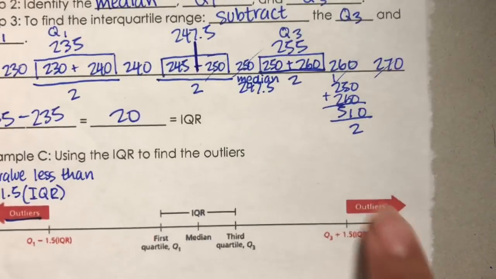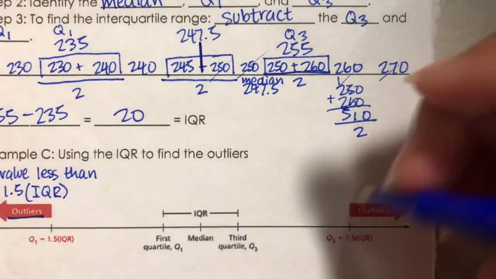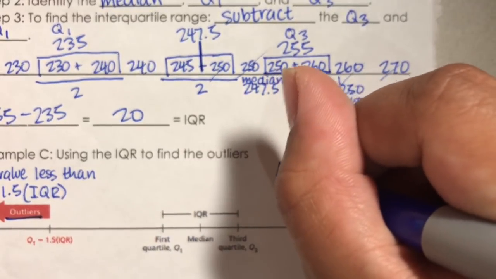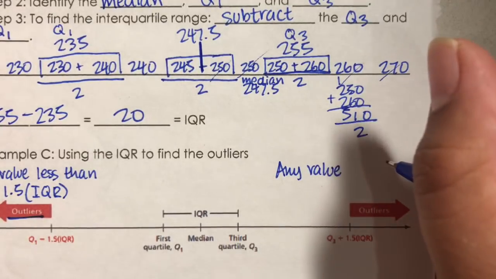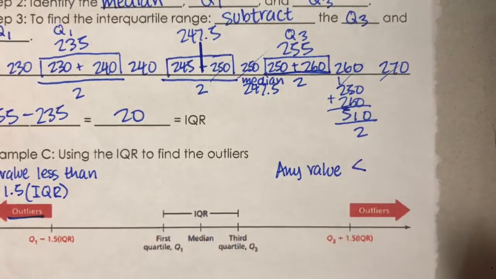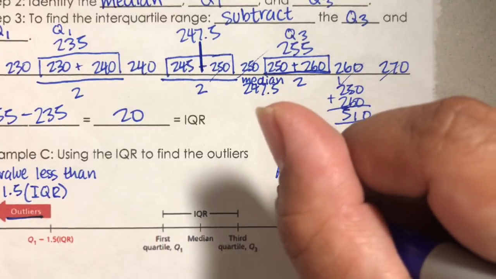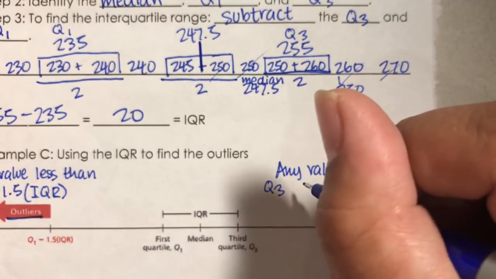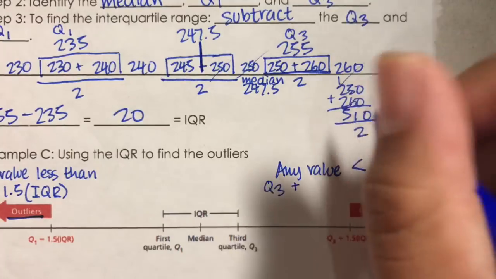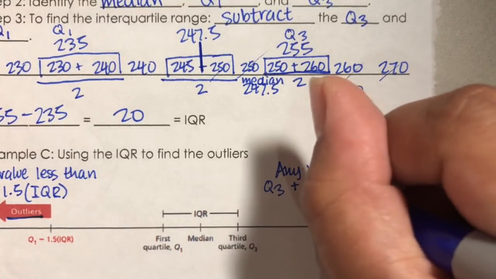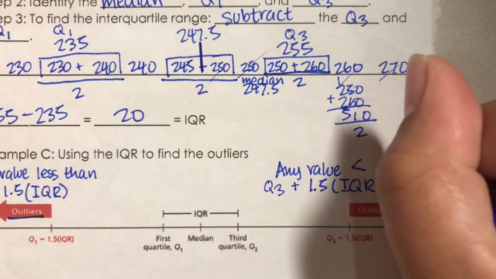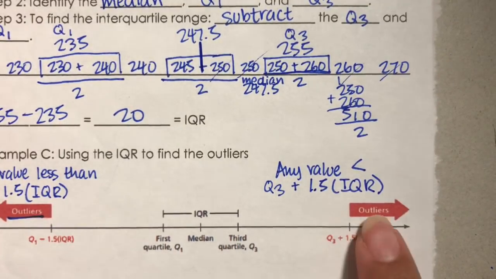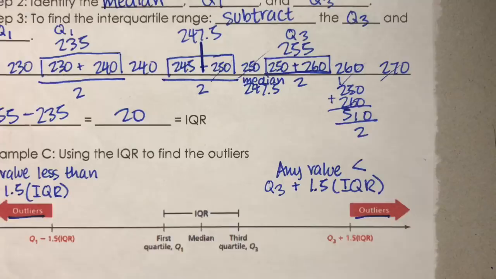And then on the other side of the spectrum, we got any value greater than the third quartile plus 1.5 times the interquartile range is going to be an outlier.